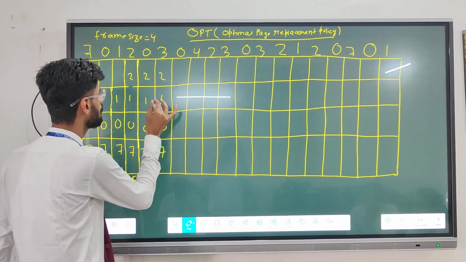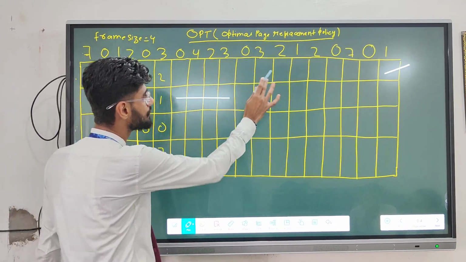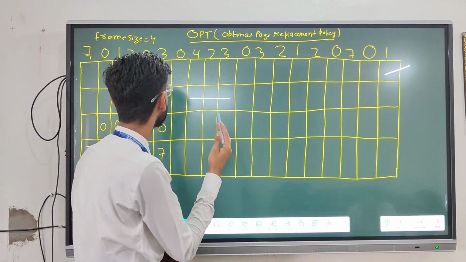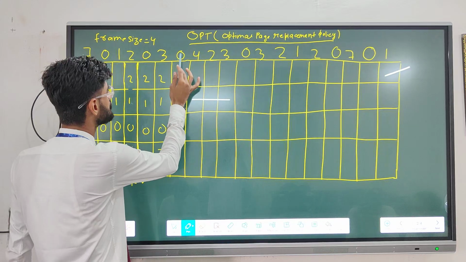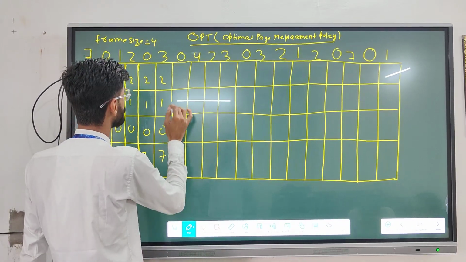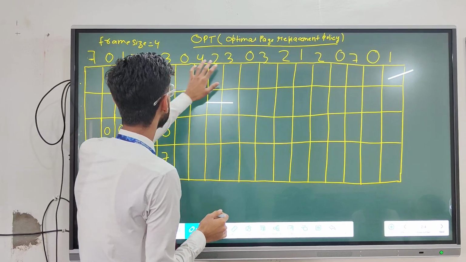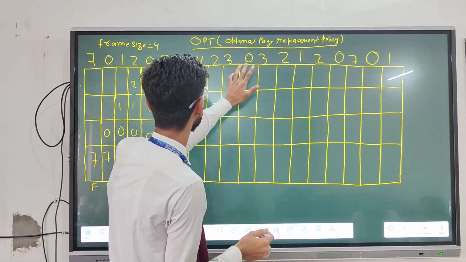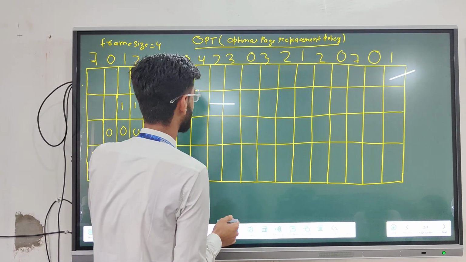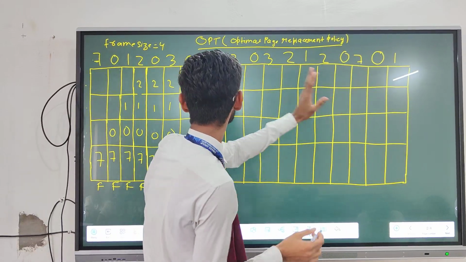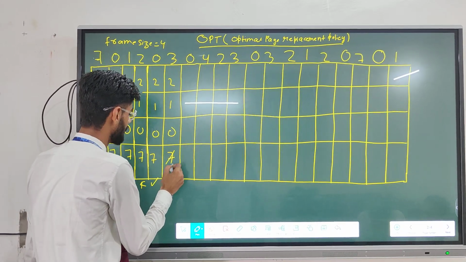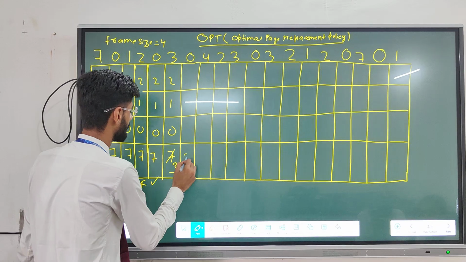We check 2 1 0 7 from the further reference string. There is 0, 1 and 2 here, and 7 comes at last, so we replace 7 with 3.